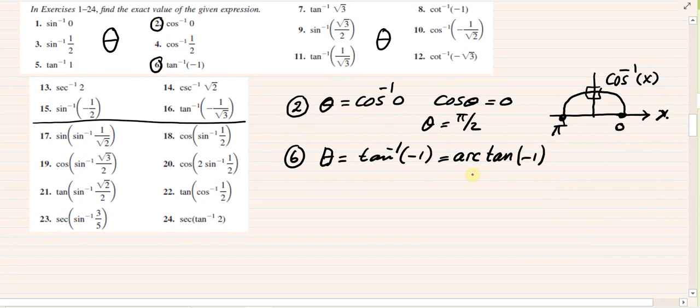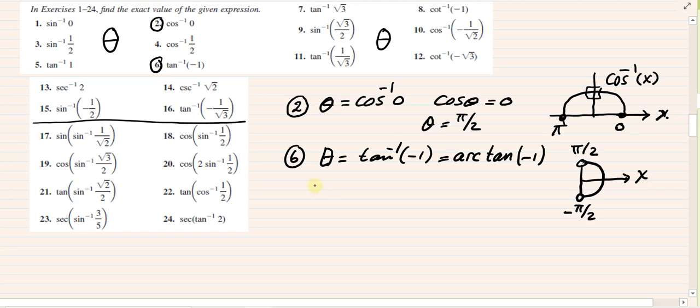So for this one, let's bring up our circle for tangent. Remember, for tangent it goes from negative pi over 2 to pi over 2. That's going to be the range of the inverse for tan inverse.